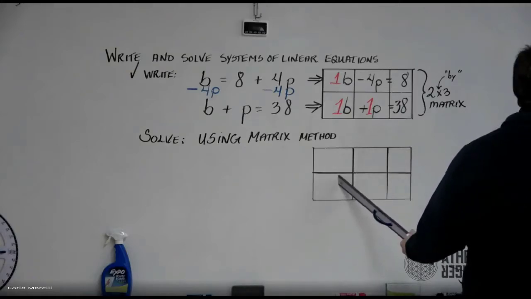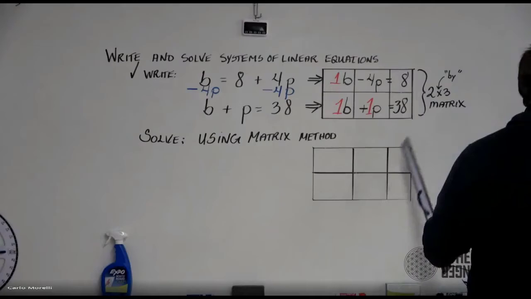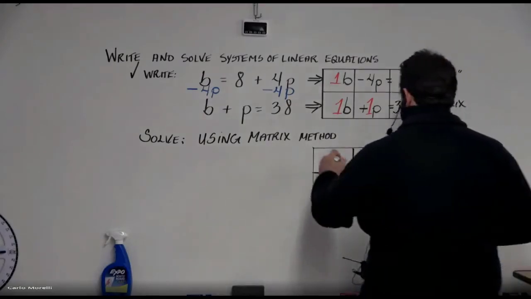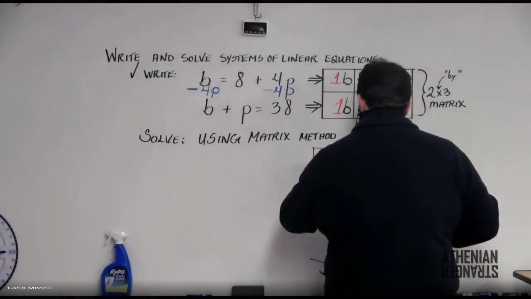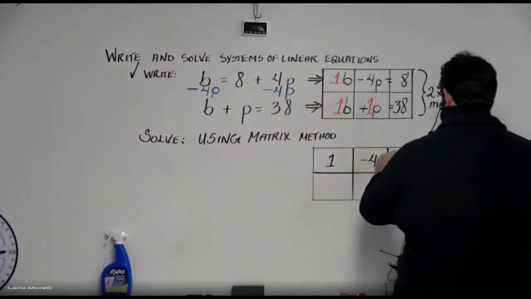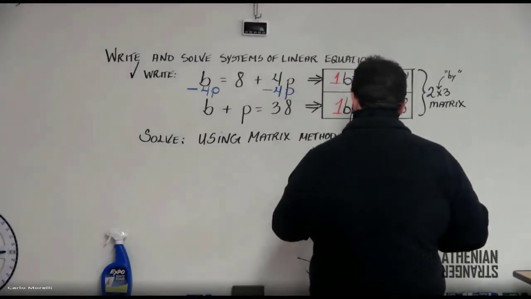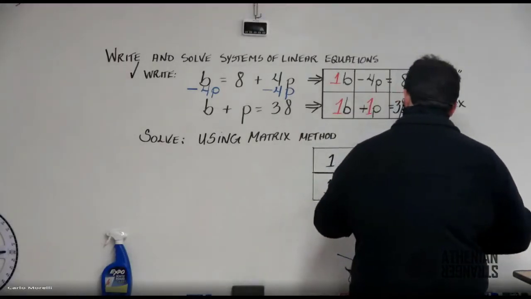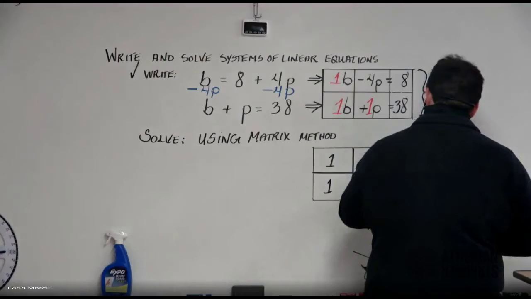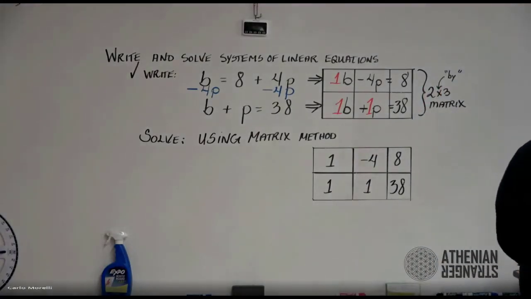Here you're going to write a 1. Here you're going to write a 1. Here you're going to write a 38. Okay, so it's just 1, -4, 8, 1, 1, 38. Okay.